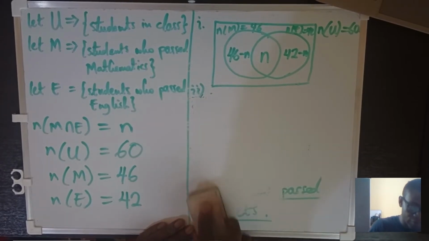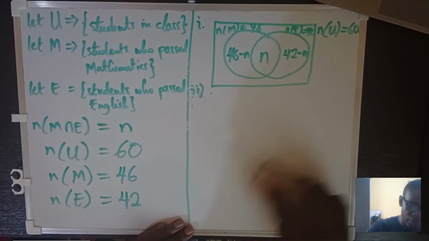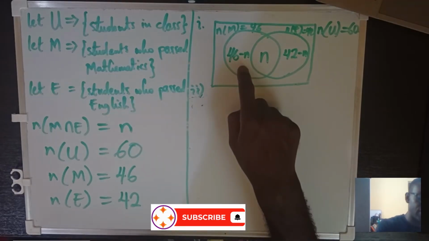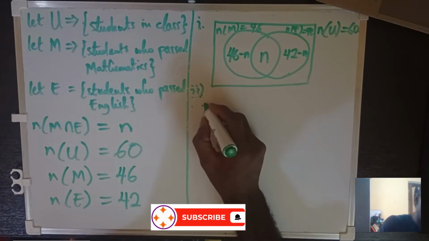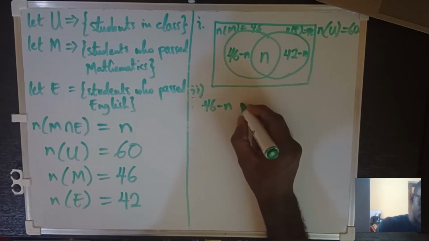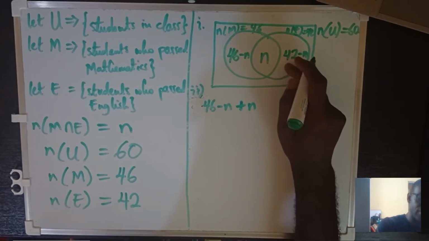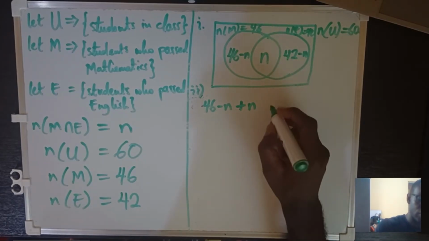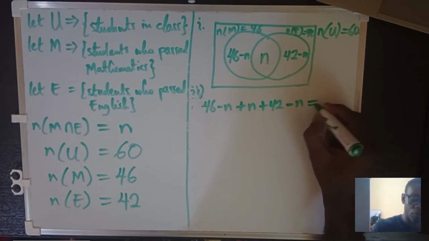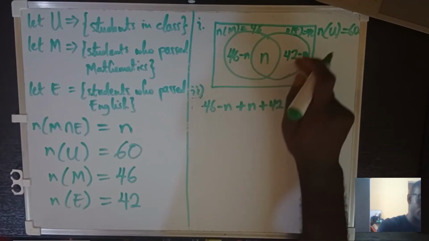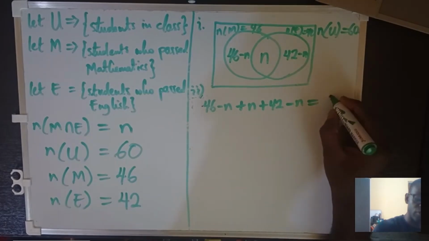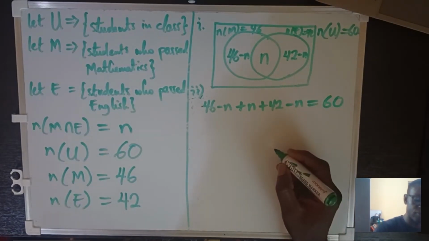Where we have 46 minus n is called M only. So we get 46 minus n, then we add the intersection, plus n, then we add English only, the students who passed English only, that is 42 minus n. That means we've added every region in this union, and that should give us the total number of students in the class.